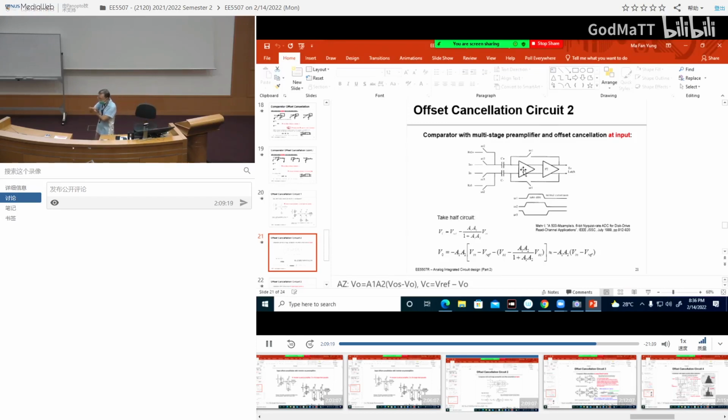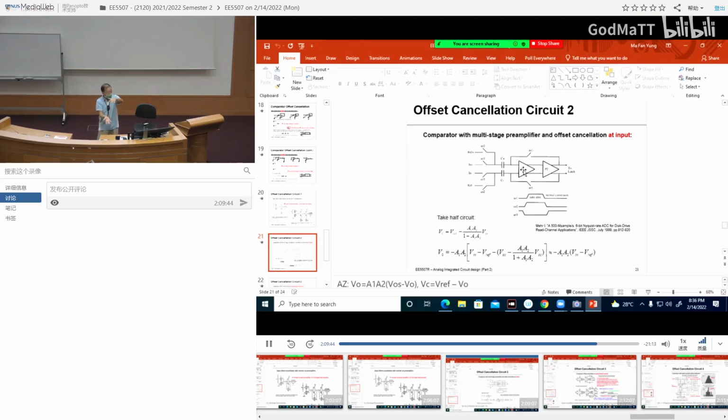If you read all the advanced papers right now, they are all using fully differential circuits. The reason is very simple. In your chip, if there's a lot of noise, the noise will be in both outputs. So if I take the difference, I can reject the noise.